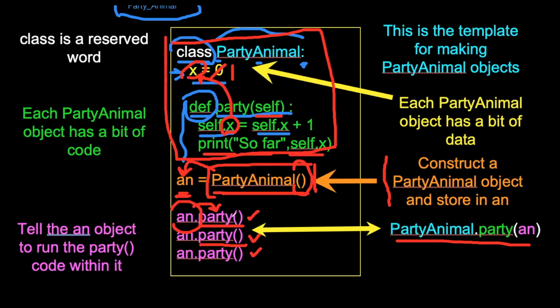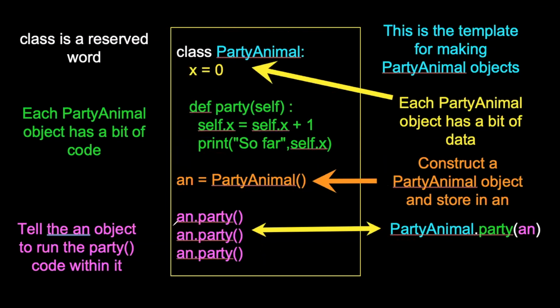This self is invisible. It is the same as passing itself into it. By convention, we eliminate the need to specify self at runtime. So basically, what is runtime? Runtime is this.